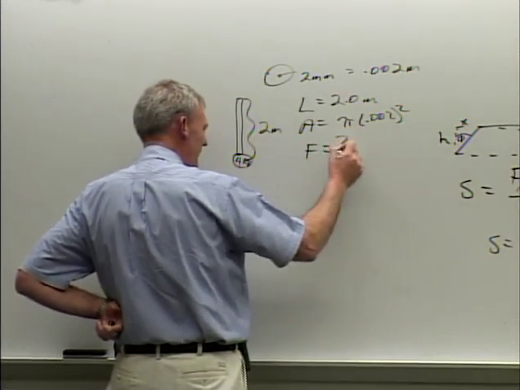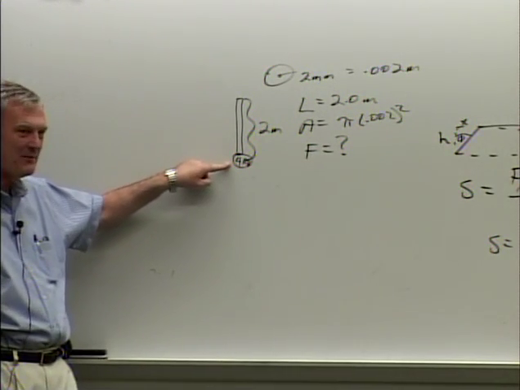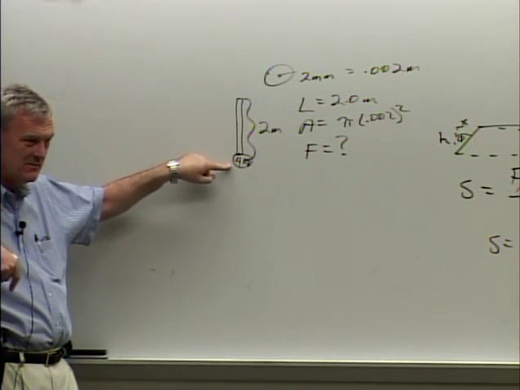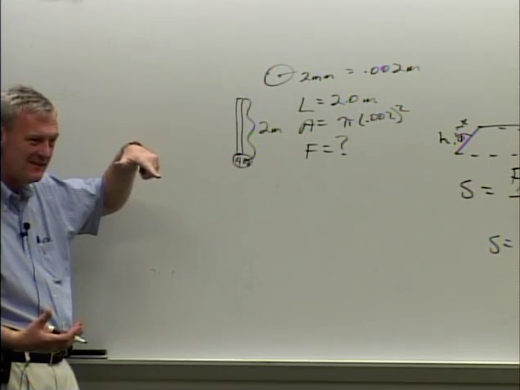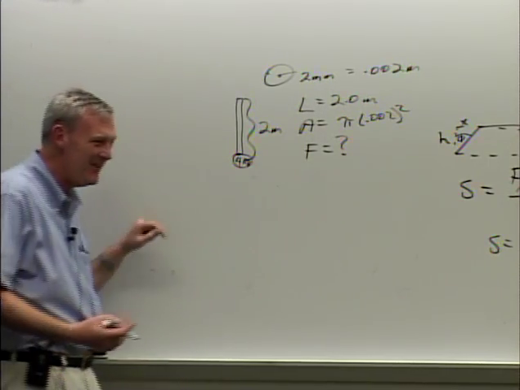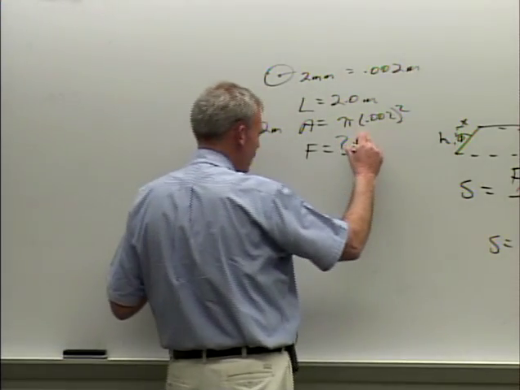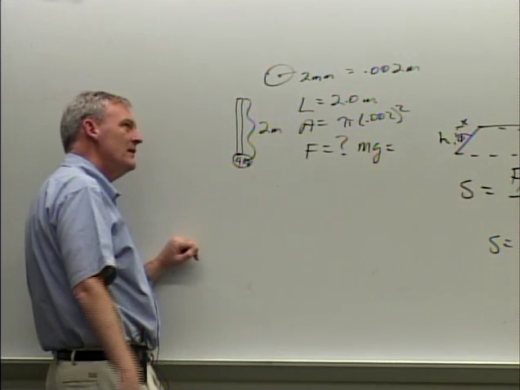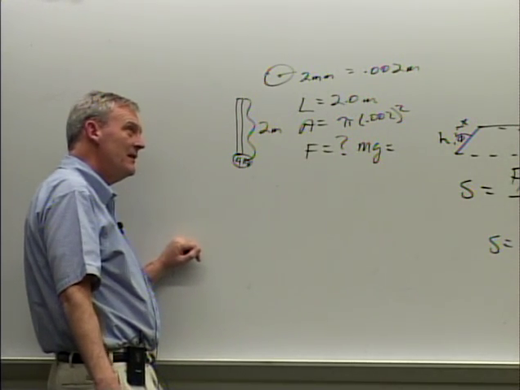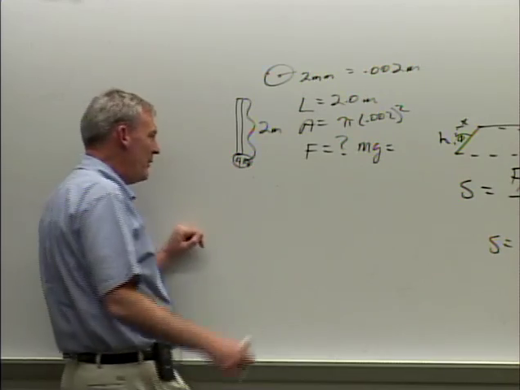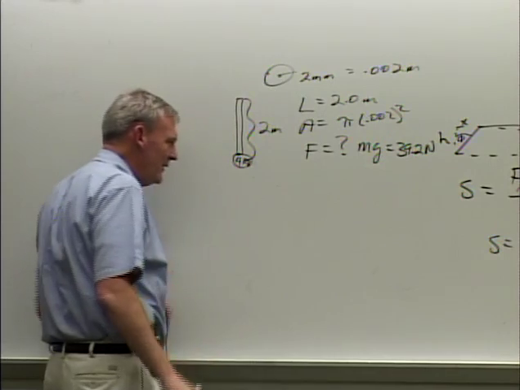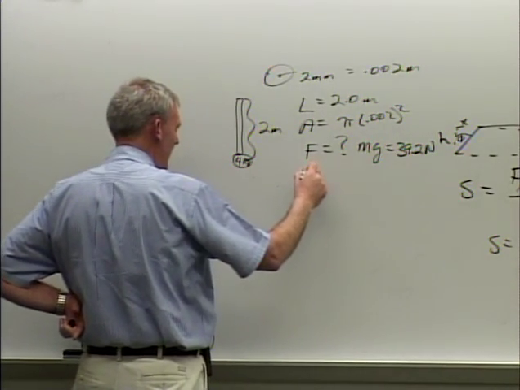What's the force? This is 4 kilograms hanging there. What's the force? Mass times gravity. There you go, it'd be mg. 39.2 newtons. That's the force. And then what do I need?